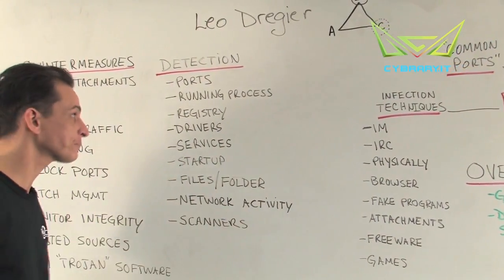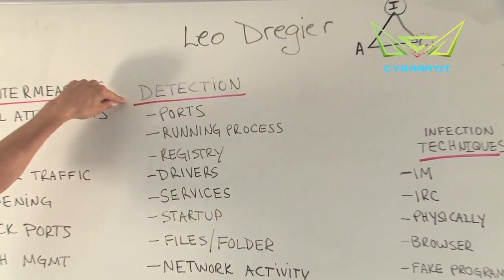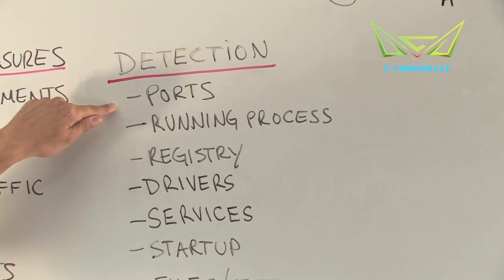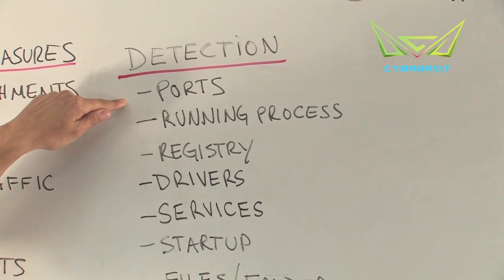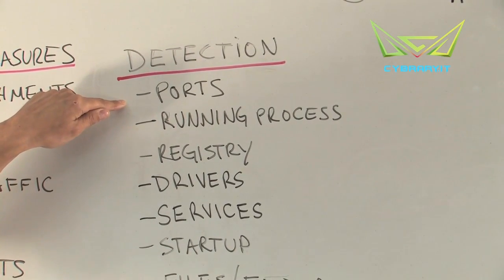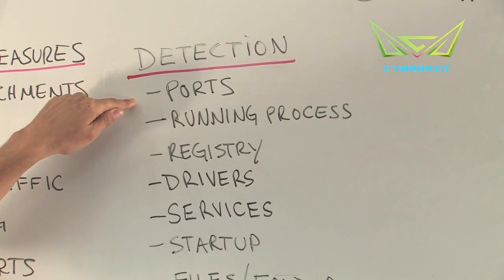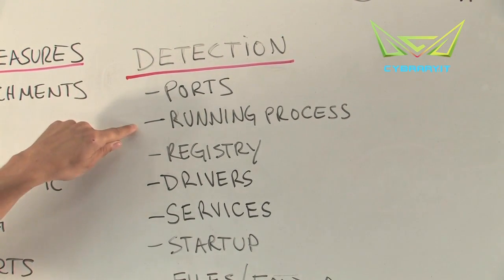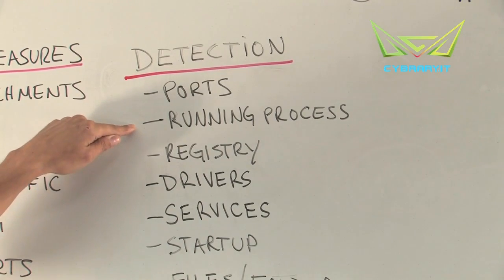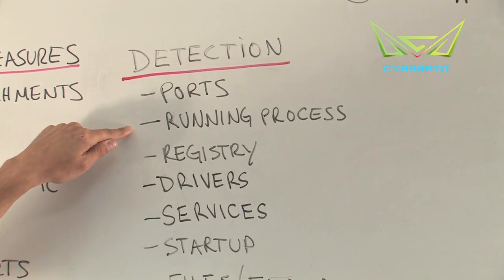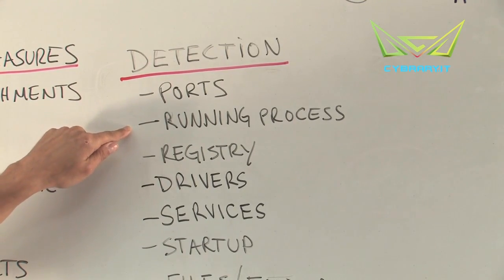Detection techniques. Okay? So detection techniques. Ports. Well, we already said that there are common Trojan ports, so this is where you can either choose your own or Google the most common ones, and then monitor, for example, port 12345. Also, in terms of a system that has been infected with a Trojan, what are the running processes? Are they legitimate? Are they authorized? Or are they not?